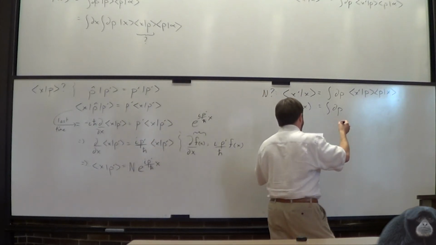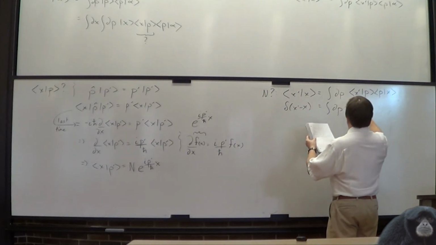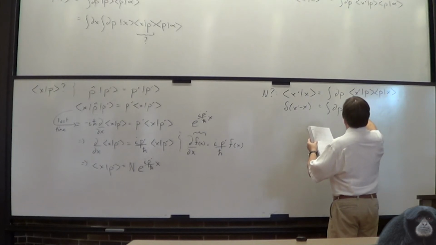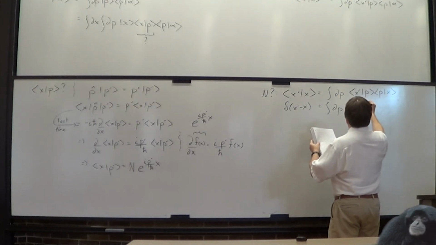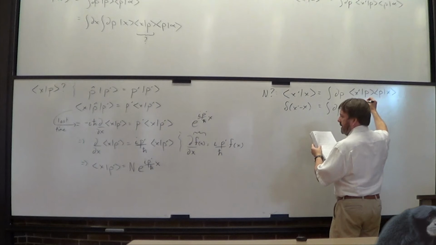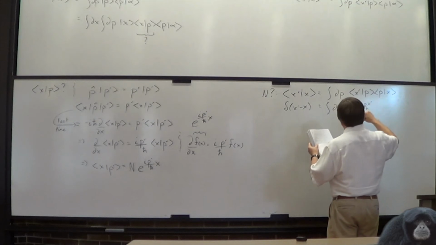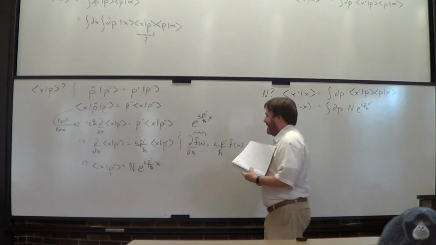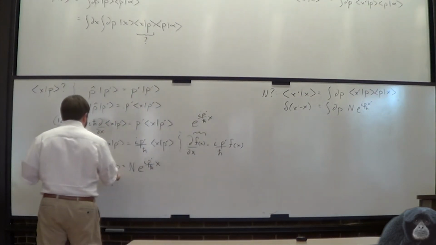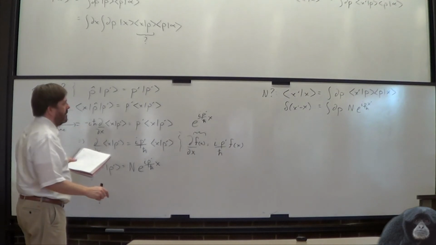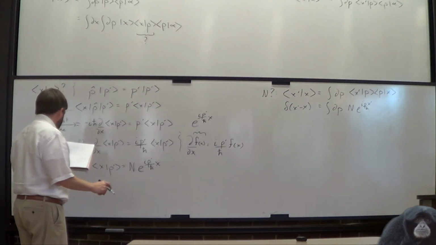I guess the x has a little dash on it for some stupid reason. Okay, there's this. Okay, so the p doesn't have a dash, but the x does because I just use that type of notation. This is the complex conjugate of that.